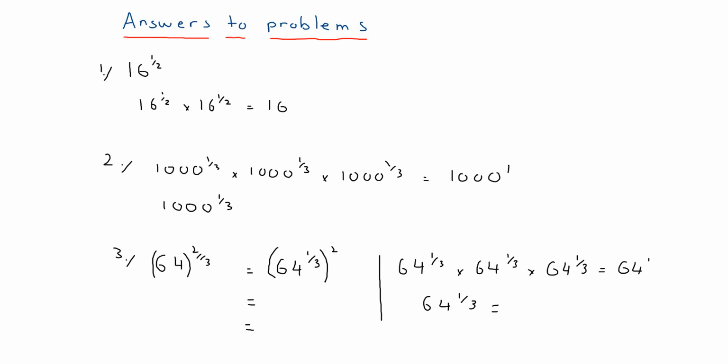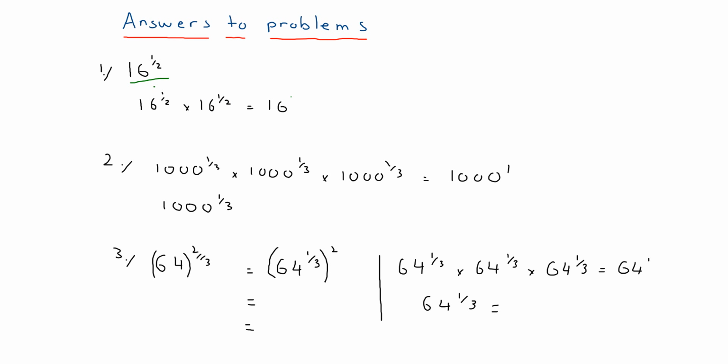The first question asked: can you work out what 16 to the power of 1/2 is? I look at it and go, well, 16 to the power of a half times 16 to the power of a half is 16 to the power of a half plus a half, because I want a power of 1.